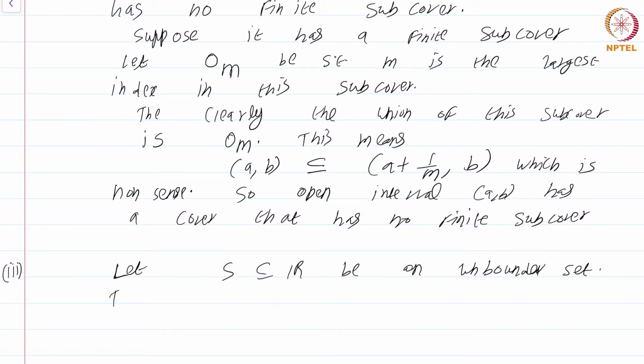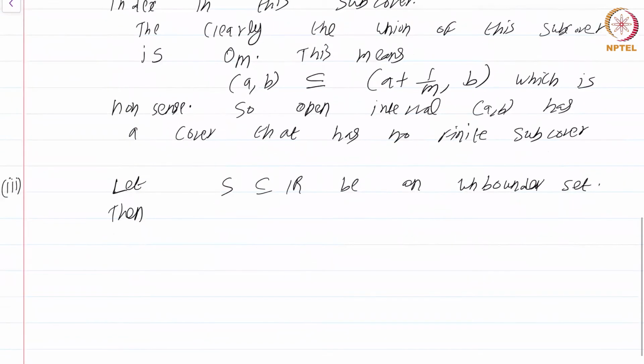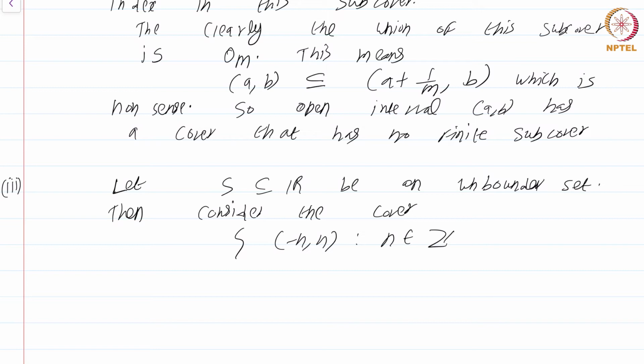Then consider the cover (-n, n) such that n is in the natural numbers, or I put Z, let me just make it N. Again, easy to see that this cover has no finite subcover.